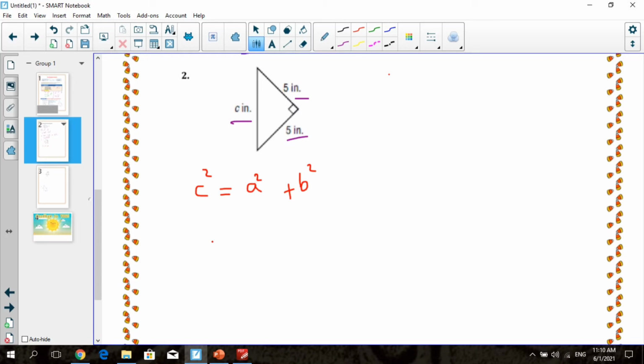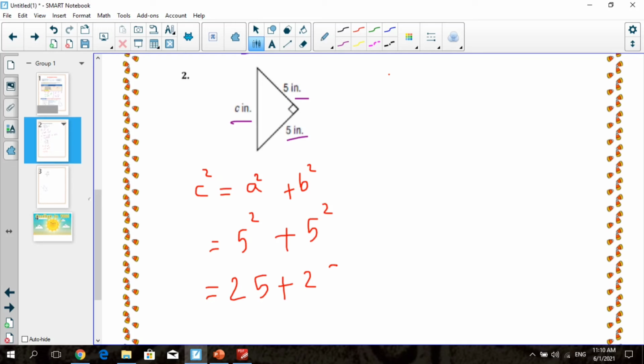Now all what we need here is to replace each letter with its number. So the A and B here is 5, so that will be 5 power 2 plus 5 power 2. Okay, 5 power 2 equals what? Power 2 means we make 5 times itself. So 5 times 5 equals 25. So that will be 25 plus 25.